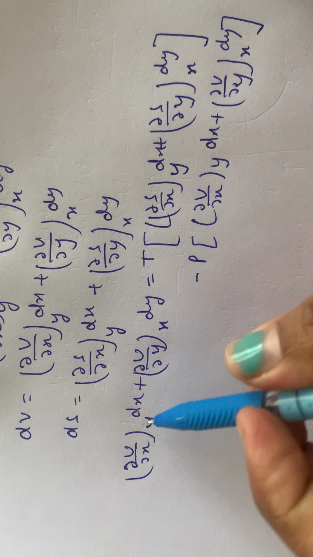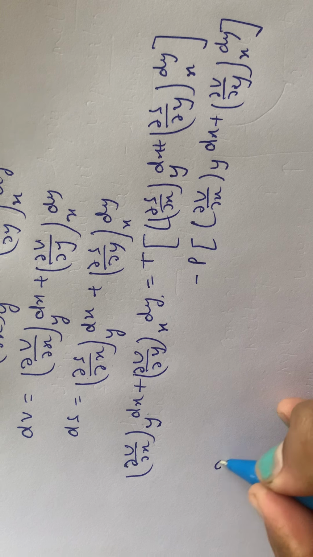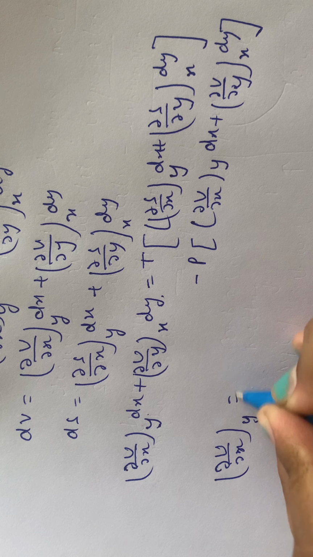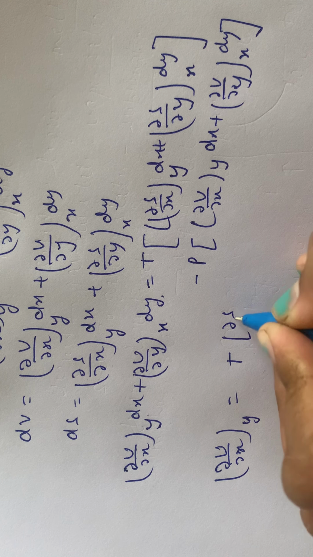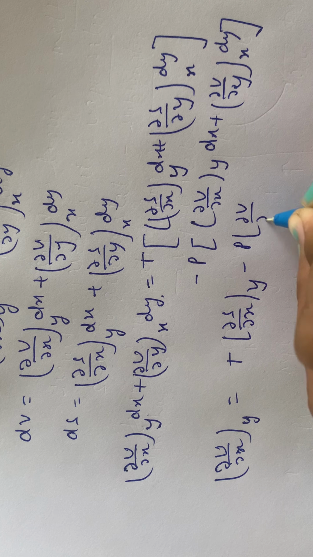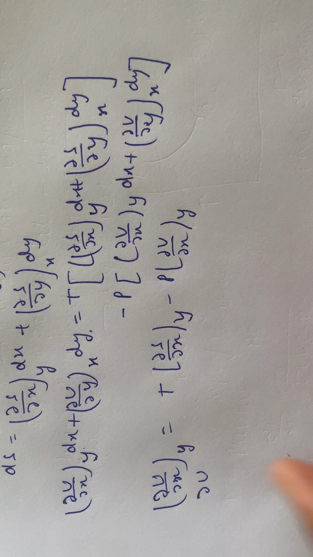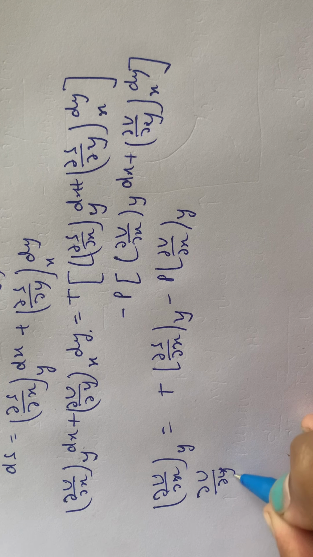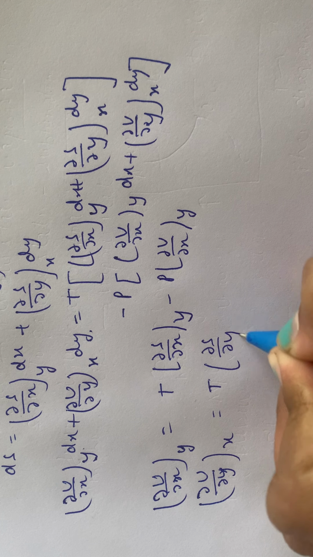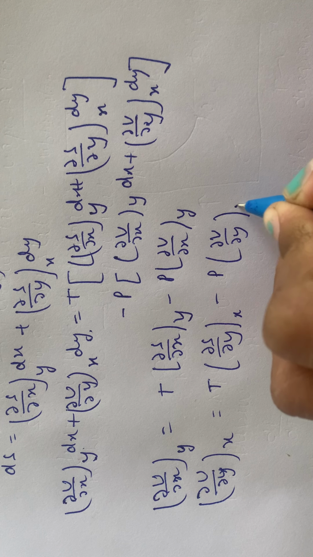Comparing the coefficients of dX and dY, ∂U/∂X at constant Y equals T ∂S/∂X at constant Y minus P ∂V/∂X at constant Y. ∂U/∂Y at constant X equals T ∂S/∂Y at constant X minus P ∂V/∂Y at constant X.